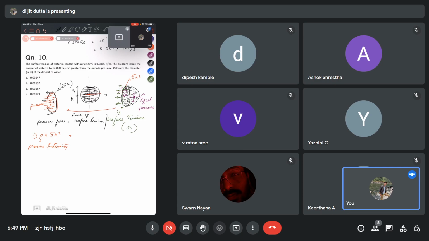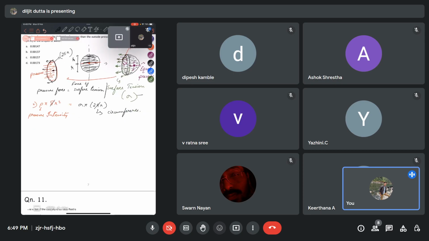We have denoted surface tension by sigma, so sigma into 2 pi r. We can cancel pi with pi, one r will get cancelled. So pressure intensity comes as 2 sigma by r. Remember this pressure intensity between the molecules in the water droplet.